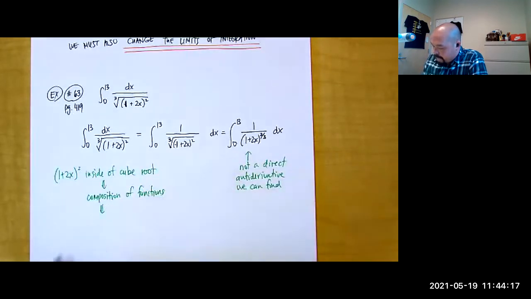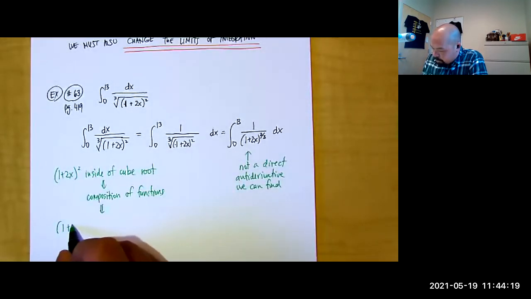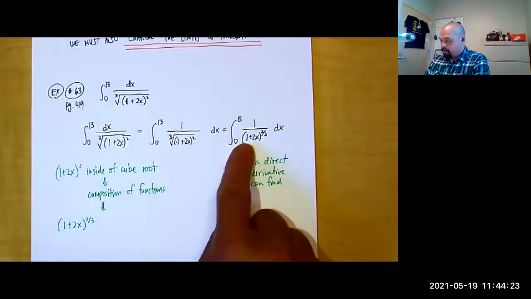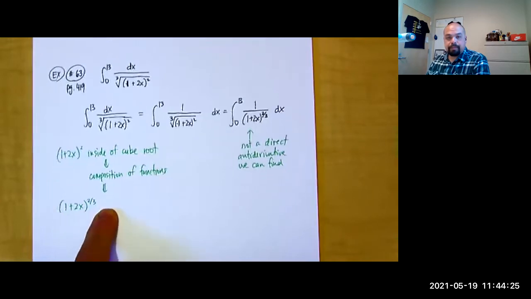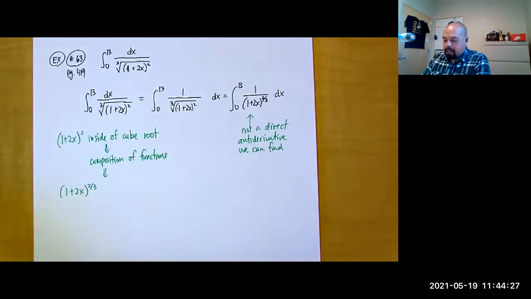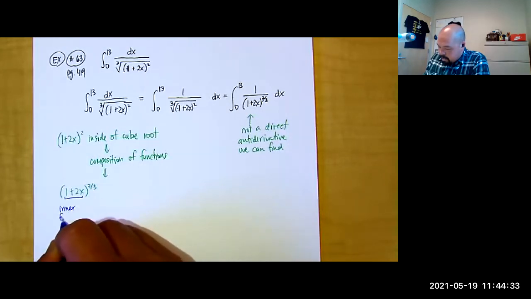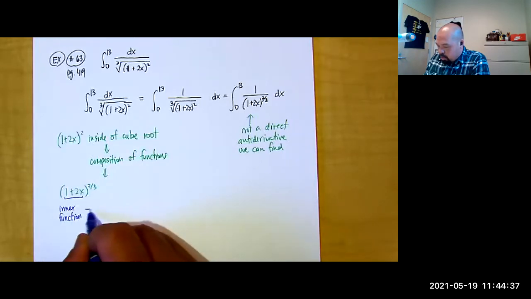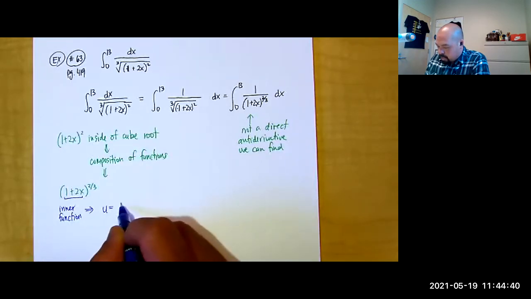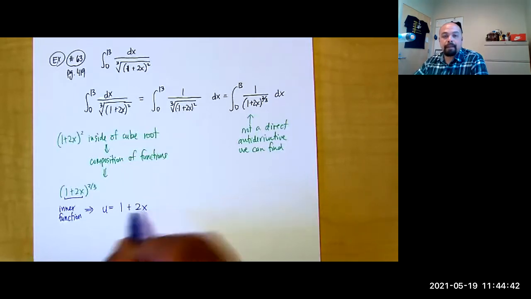Right? And so when we have this 1 plus 2x raised to the 2 thirds power, then I start to see, okay, well, my inner function, my u, is 1 plus 2x.